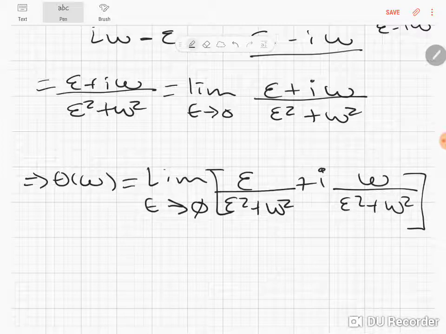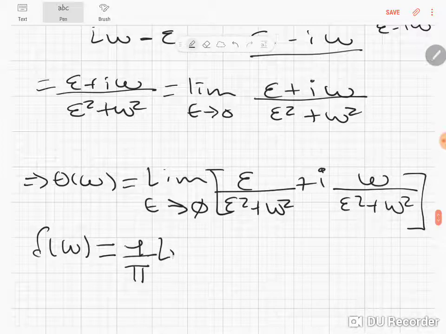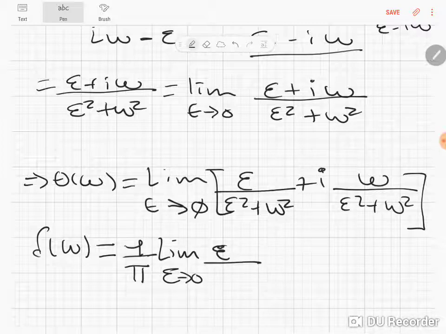Okay, so by definition, delta of omega can be thought of as 1 over pi, limit of some small constant, let's say epsilon that tends to 0, of epsilon divided by epsilon squared plus omega squared.